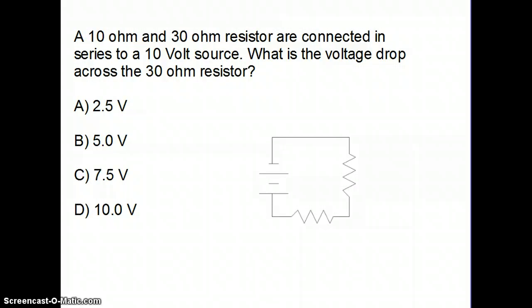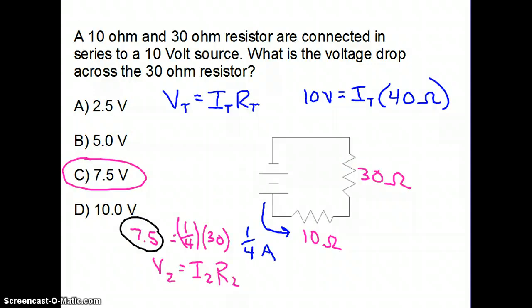Now a series circuit problem: a 10 volt source attached to a 10 and 30 ohm resistor. What would the voltage drop across the 30 ohm resistor equal? Okay, the correct answer here is 7.5 volts.